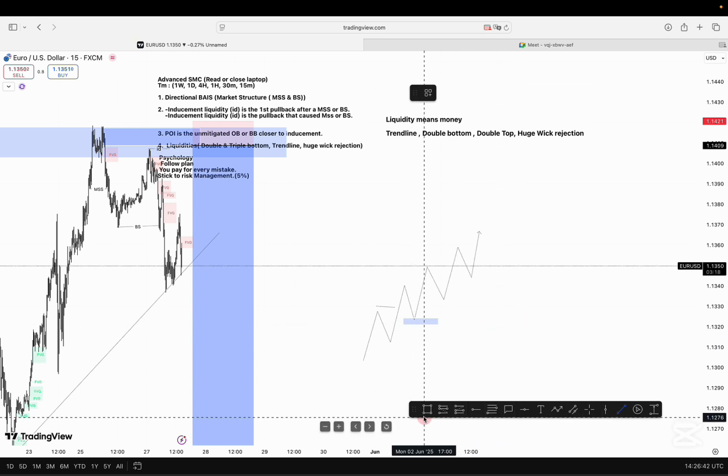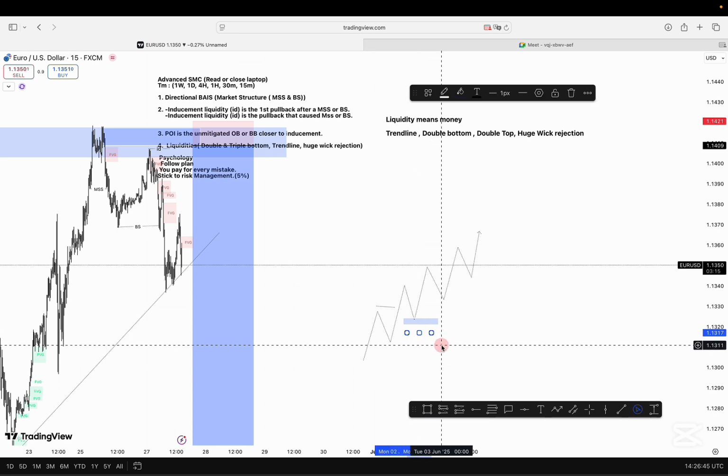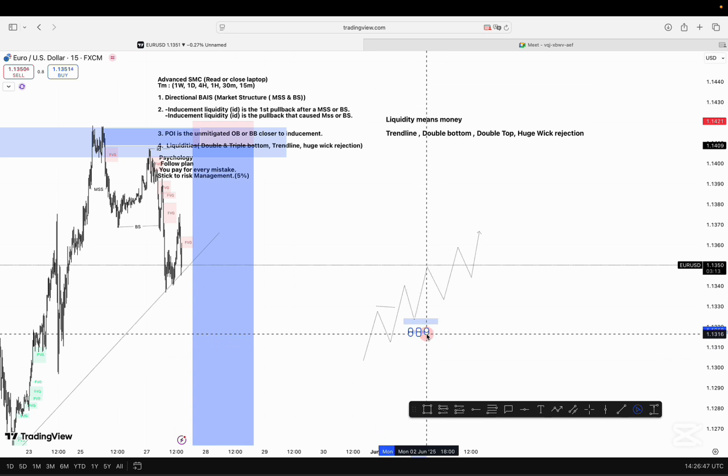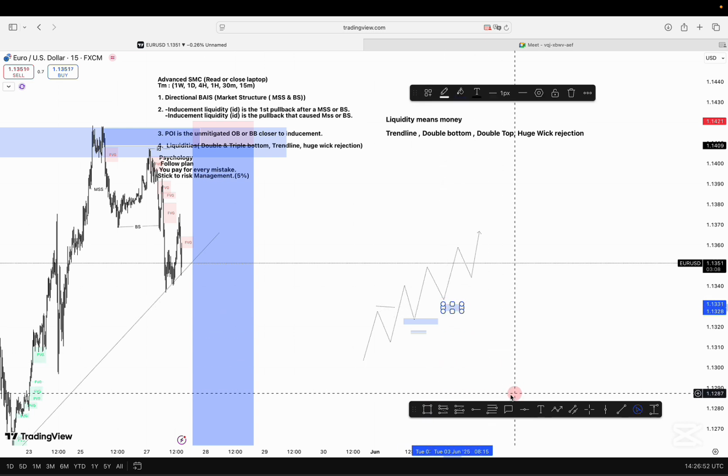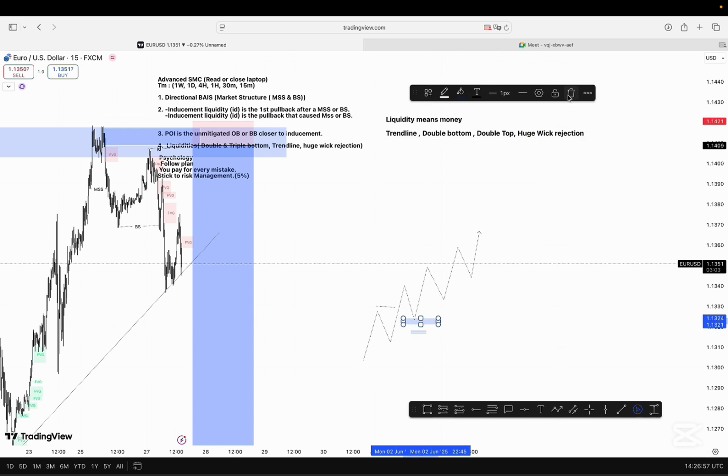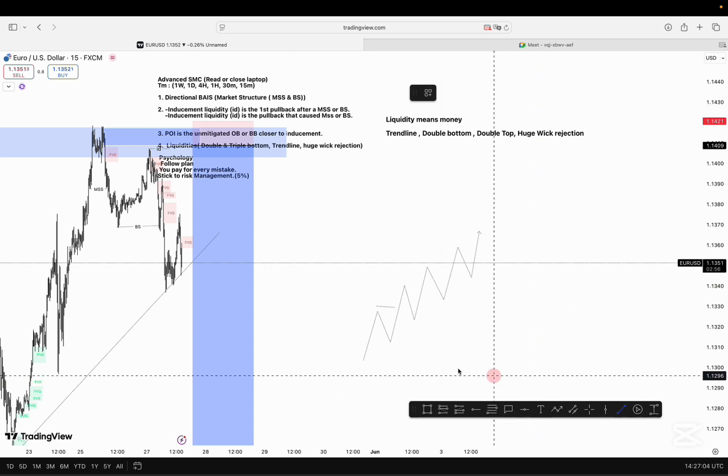Traders will be putting their stop loss beneath previous highs and previous lows. So it is actually accumulating money at the bottoms of each swing low whenever it is rallying to the top.